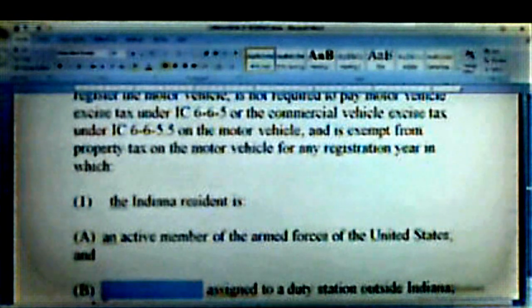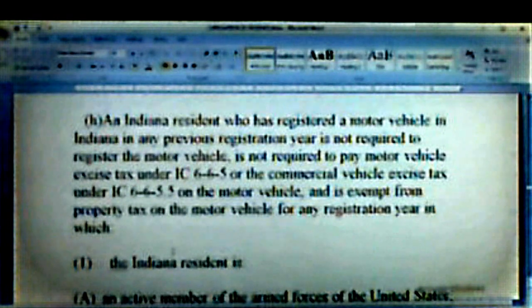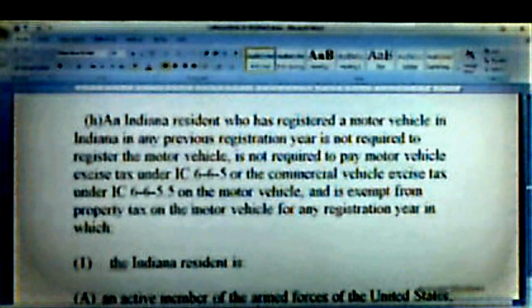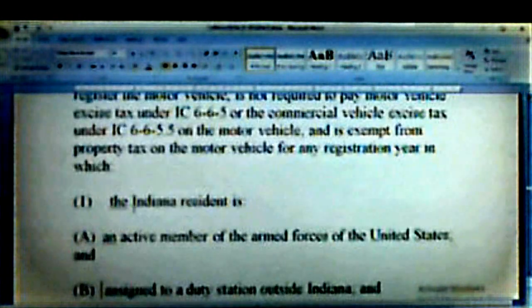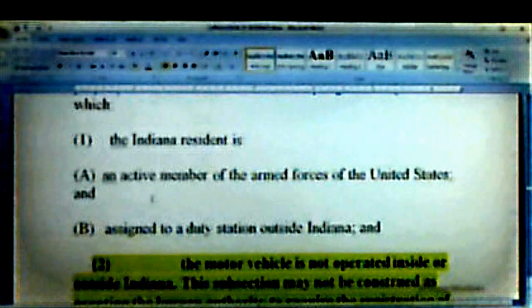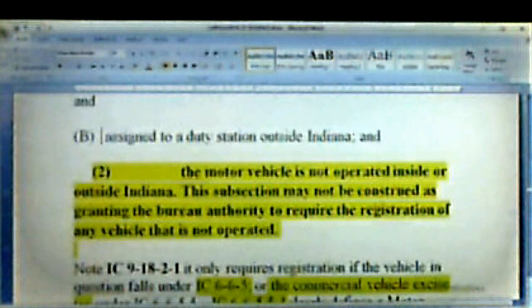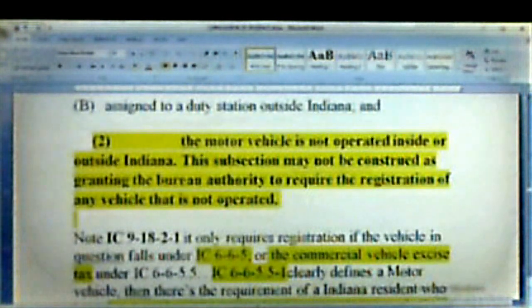And now we're going to go into a few little exemptions here, right? And it says that under IC 665.5 of the Motor Vehicle Code, and is exempt from property tax on the motor vehicle for any registration year in which the Indiana resident is an active member of the Armed Forces of the United States and assigned to a duty station outside Indiana, and 2, the motor vehicle is not operated inside or outside Indiana.